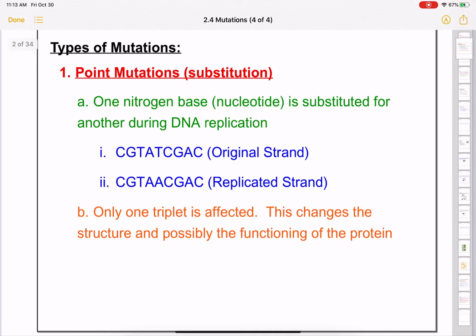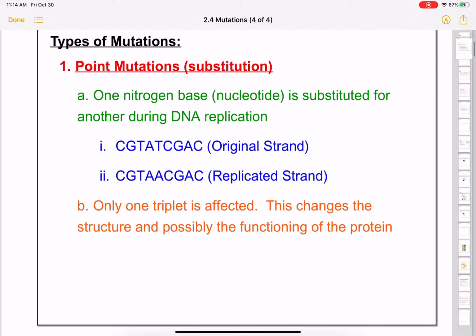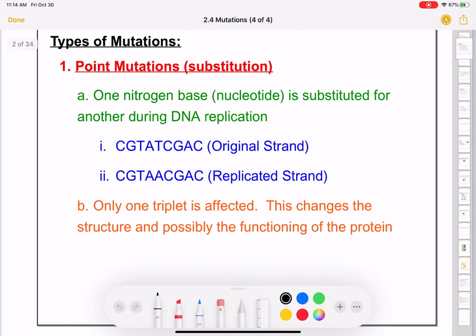The types of mutations that exist in our DNA: point mutations is one of them, and this is known as a substitution. So one nitrogen base is substituted for another during DNA replication. We've got the original strand here, and when they go to replicate it, they do something slightly different.